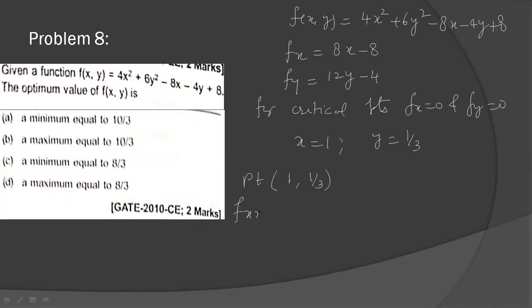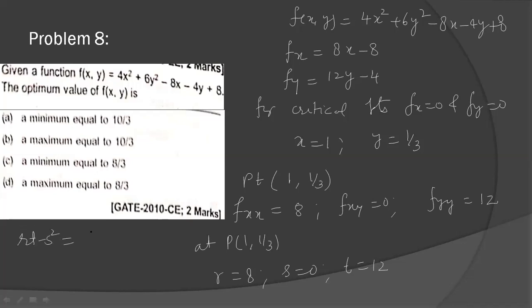Now the second derivatives: Fxx is 8, Fxy is 0, Fyy is 12. So at 1 comma 1 by 3, r is 8, s is 0 and t is 12. Now check rt minus s square, that is 96 minus 0, which is 96, positive, and r is also positive.